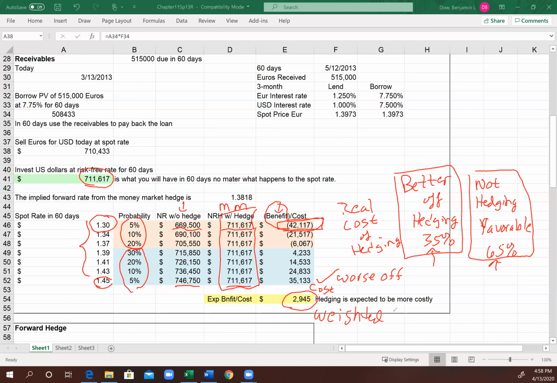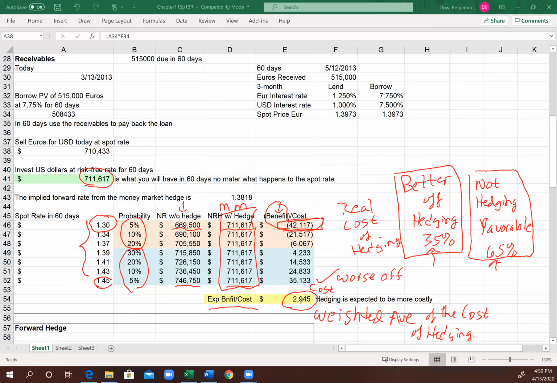But now we're finding a weighted average of the cost of hedging. And we get something called the expected cost of hedging. And what this is, on average, hedging will cost us about $3,000 on average.